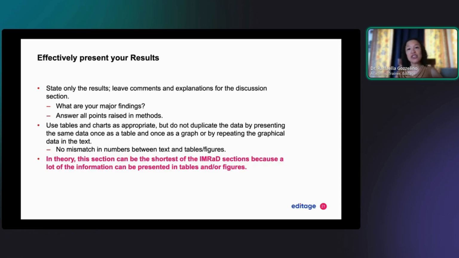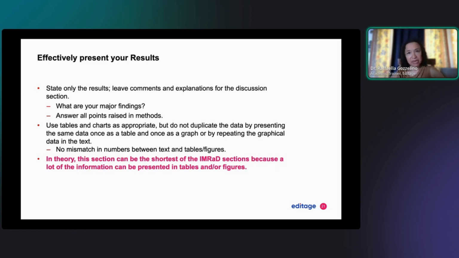Just limit yourself to describing the major findings and answer all the points that have been raised in the methods section. Use tables and charts as appropriate, but do not duplicate the data by presenting the same data once as a table and once as a graph, or repeating the graphical data in the text.